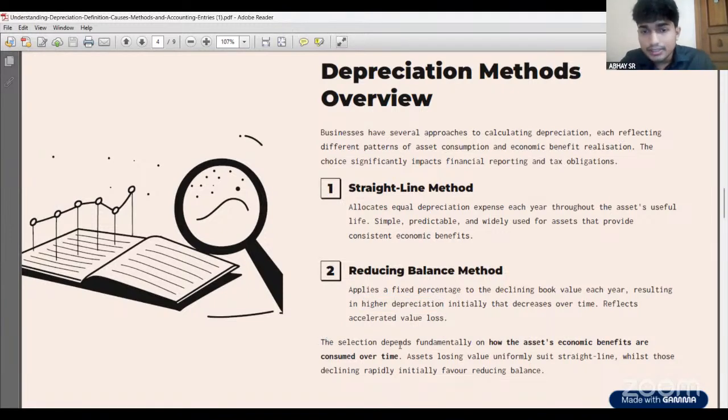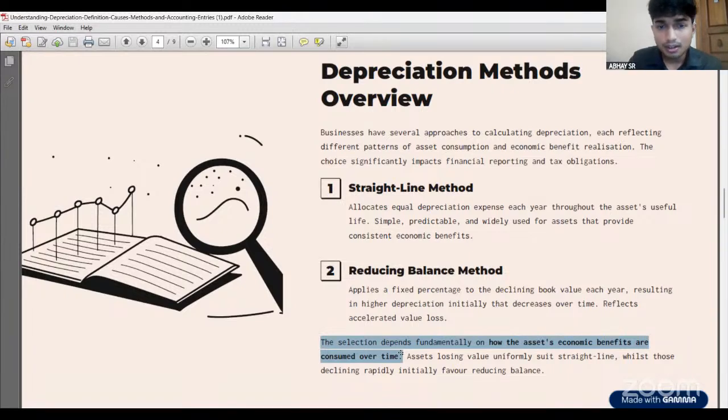The selection depends fundamentally on how the asset's economic benefits are consumed over time. If I buy furniture for my factory just to conduct meetings, the consumption would be the same. But if I buy heavy machinery, the consumption would be different, right? So based on the consumption over time, it's decided whether the straight line method or the reducing balance method is used.